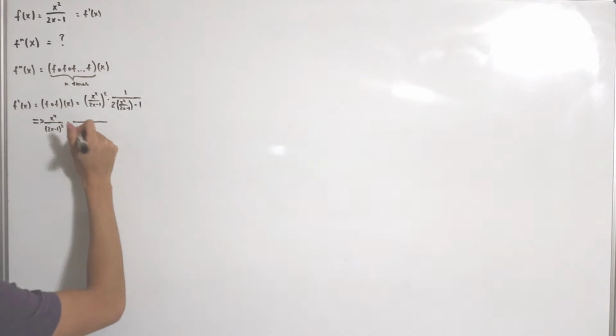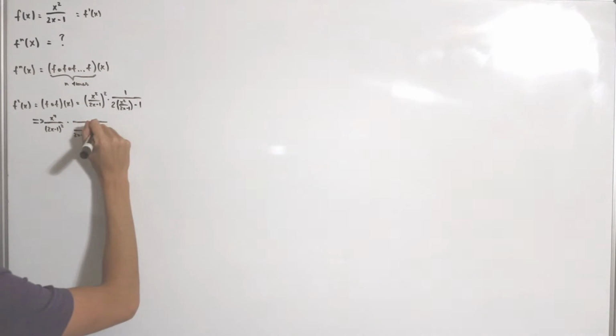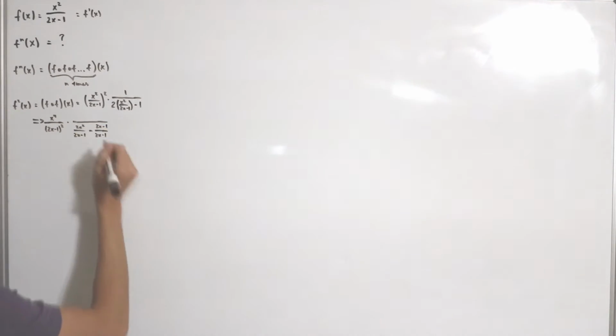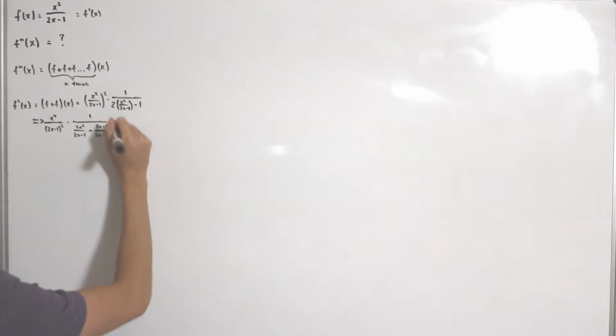So we have 2x minus 1, and then minus 2x minus 1. Then I can just cross multiply. So this is 2x minus 1 here. We get that in negative 1, and then 2x squared, and then multiply by 1.